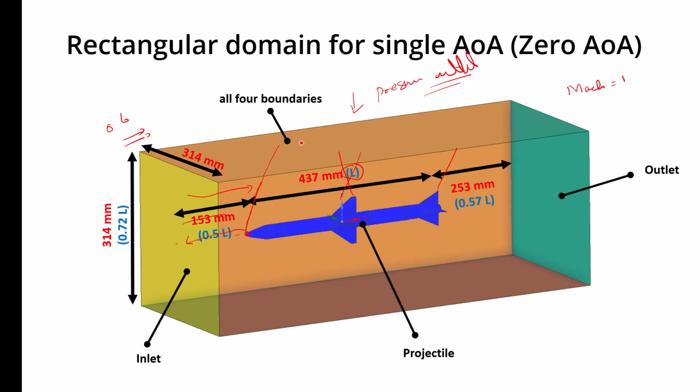So if I put a pressure outlet, this makes the problem difficult also. There are some difficulties I cannot explain. I don't have a physical explanation, but it does produce problems. So I cannot use that either. The solution is that we have to extend the boundary. I came to know that after solving the case.